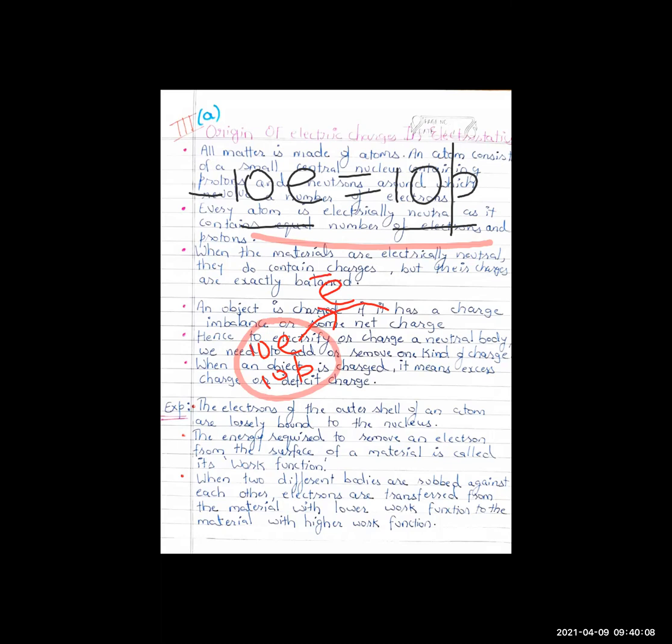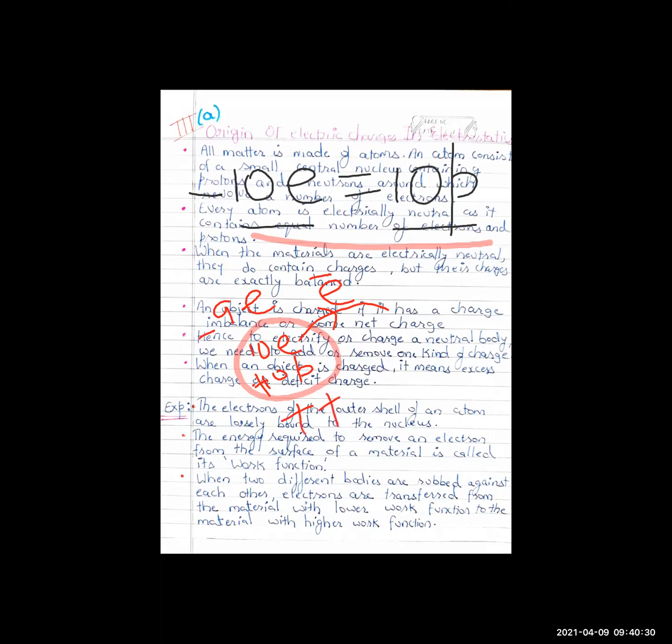If you remove one electron from this object, then how many electrons will be left with it? It will be left with 9 electrons. So minus 9 and plus 10. So its charge is positive. Plus 10 and minus 10 is 0, plus 10 and minus 9 is plus 1, right? So it becomes positively charged.